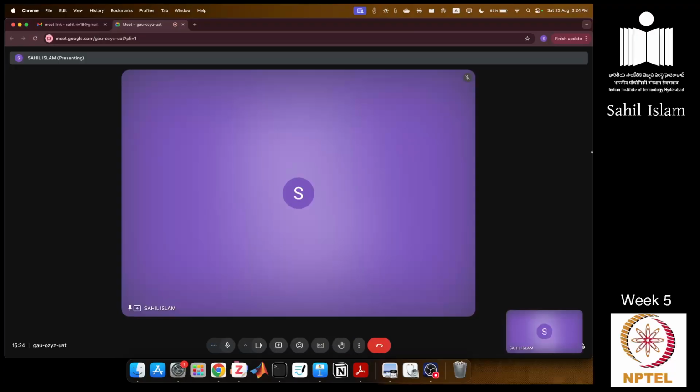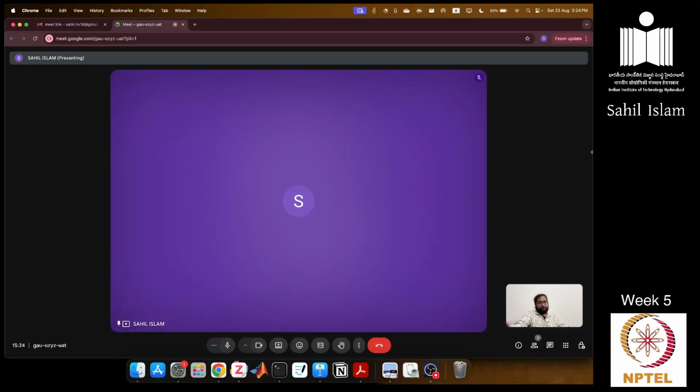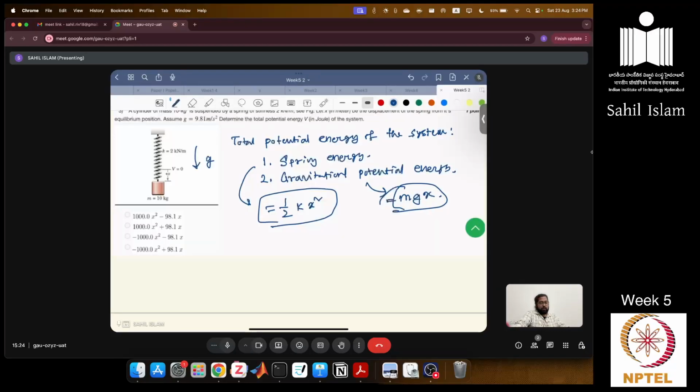Okay, now to decide the sign. Let's assume this is the ground. The higher from the ground you go, the gravitational potential energy will increase.